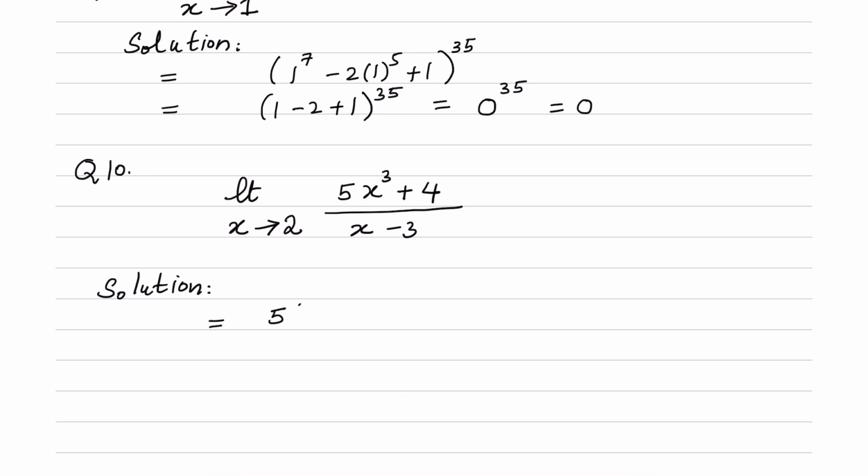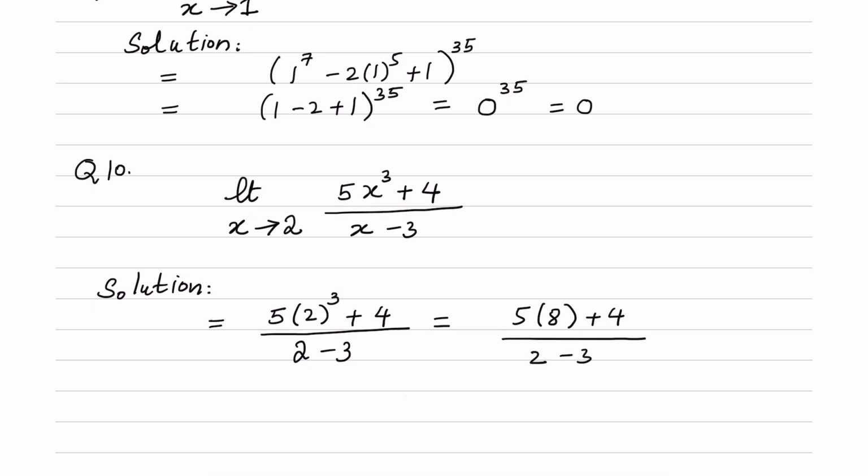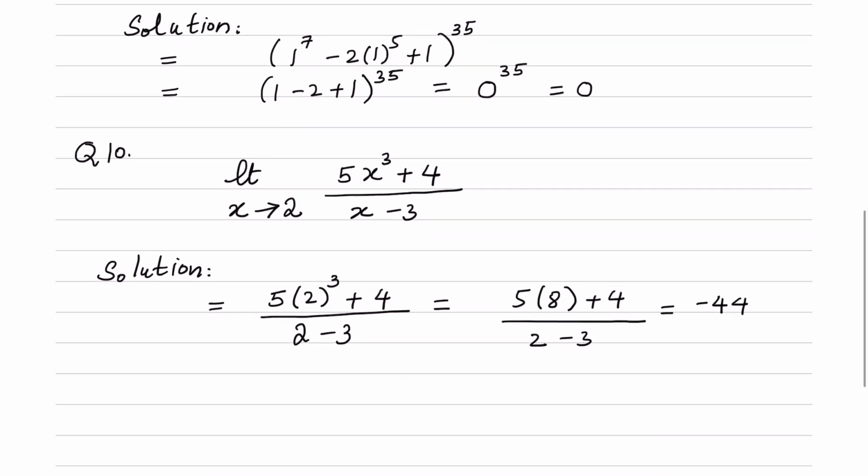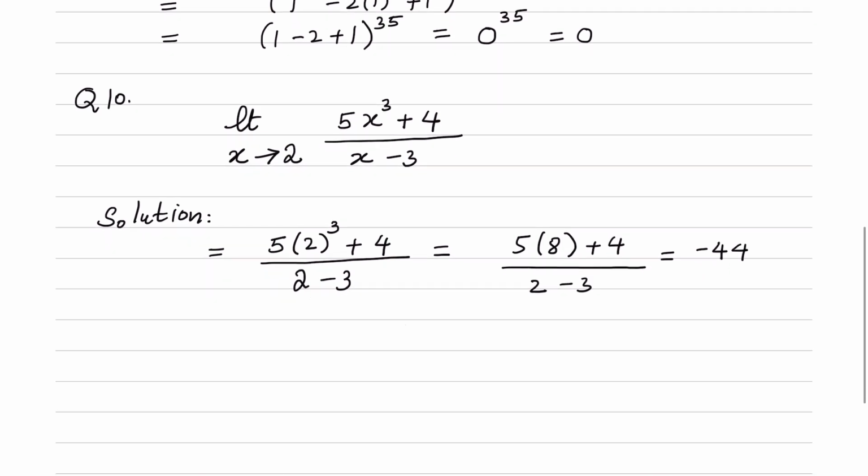So we have 5 into 2 to the power 3 plus 4, whole divided by 2 minus 3. When we solve it, we get 5 into 8 plus 4, whole divided by 2 minus 3. So the answer is minus 44. If you get a number as your answer, that's when you just stop.